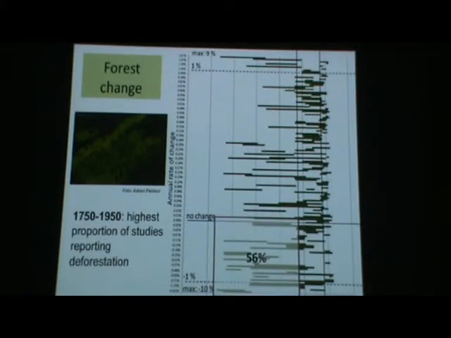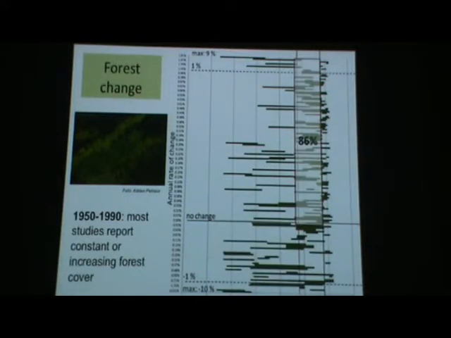Also, for the time period of the Austro-Hungarian monarchy reaching out to the Second World War, we have the highest proportion of studies compared to the other periods that report a decrease of forest cover, so deforestation in the area. We also have most of the studies in the socialist period, 86% of the case studies that we looked at, report an increase in forest cover.